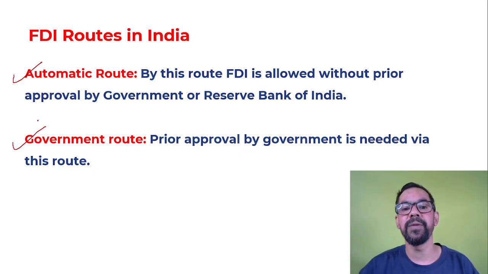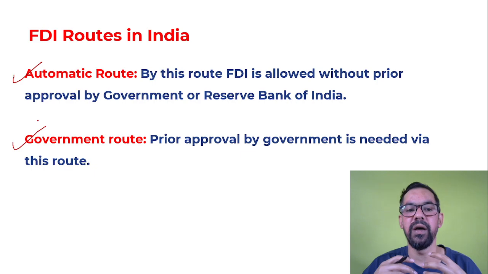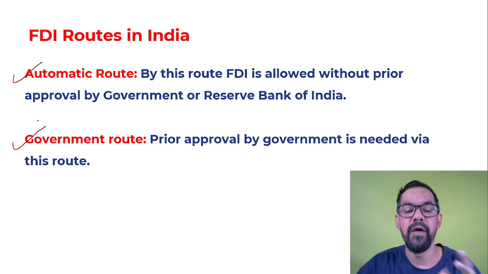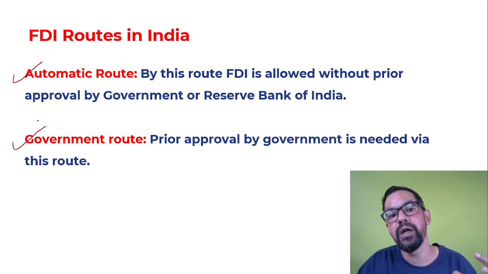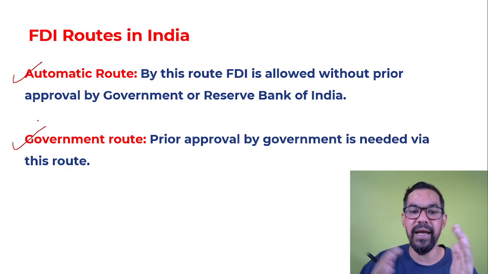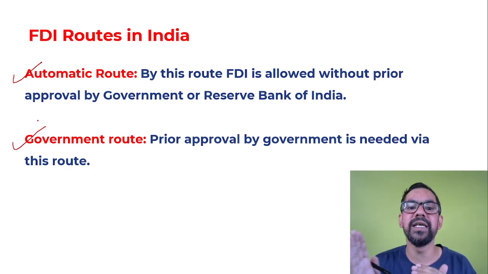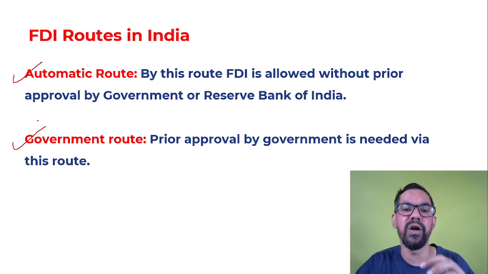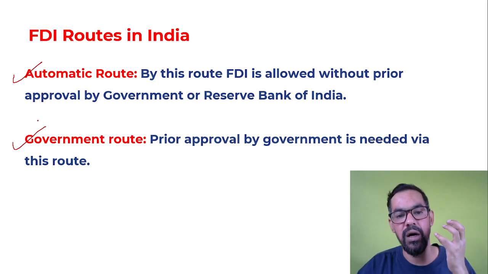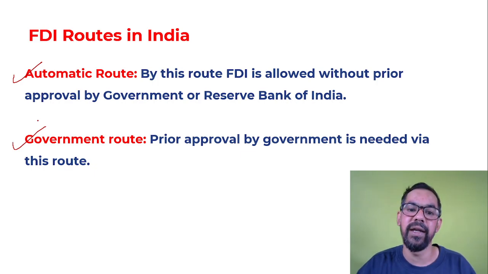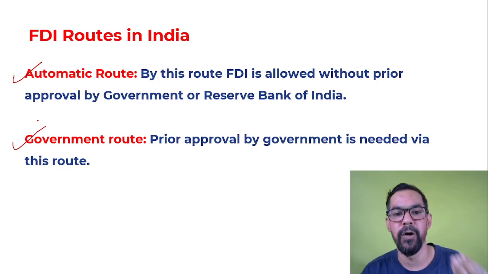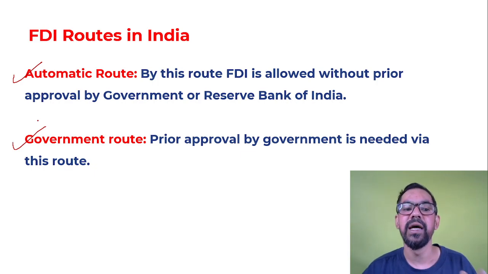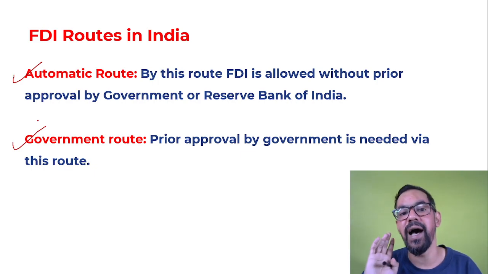Let's say in case of single brand retail, we have a 100% FDI limit, which means if any foreigner wants to start a single brand retail house, let's say a Nike business in India, he can own that business solely by 100%, and he does not need any approval from the government of India, because that bill was already passed in our parliament.